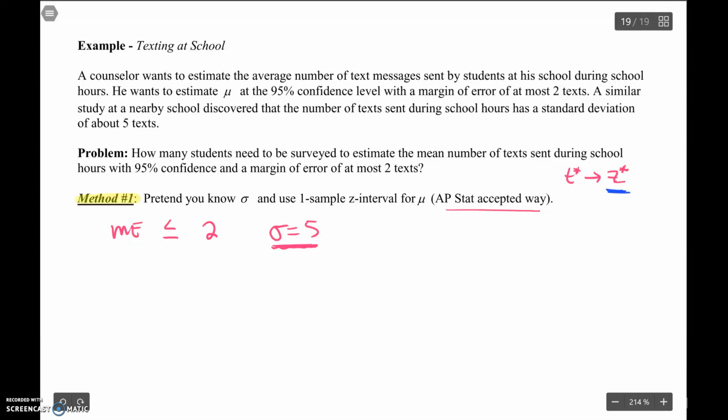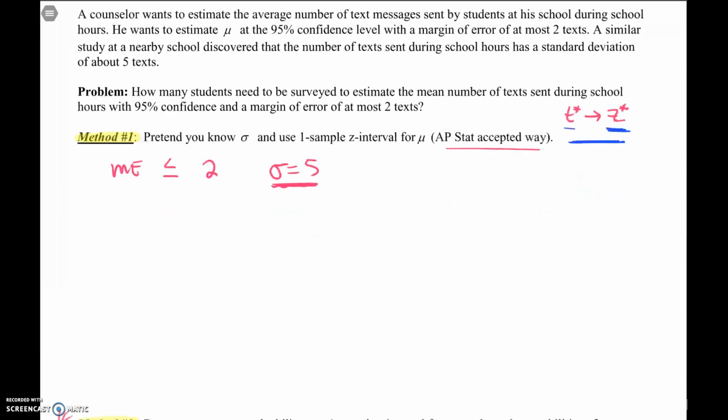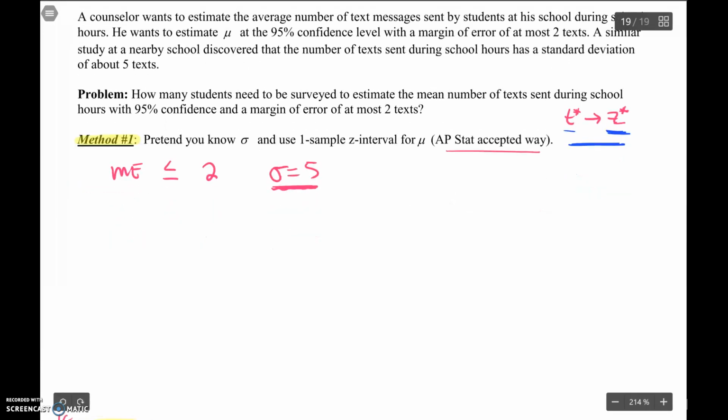It's not a good policy because when we do our Z, it's going to give us a sample size less than we need for T. So it's the opposite of conservative. It's a risky approach. But that's what we do. So pretend it's a Z.